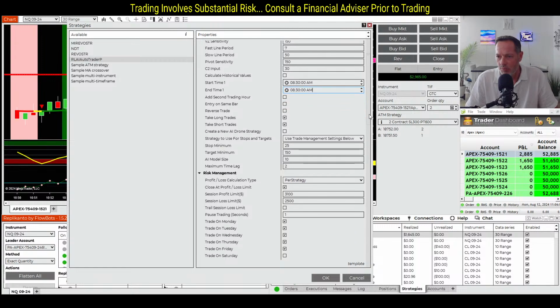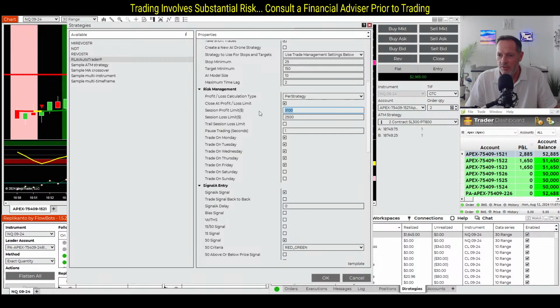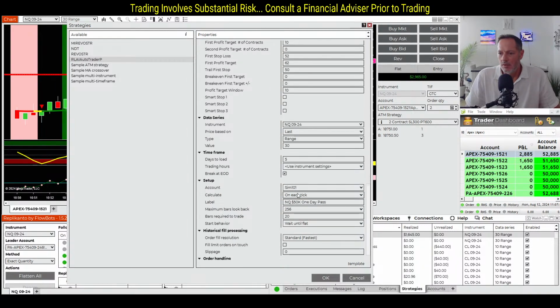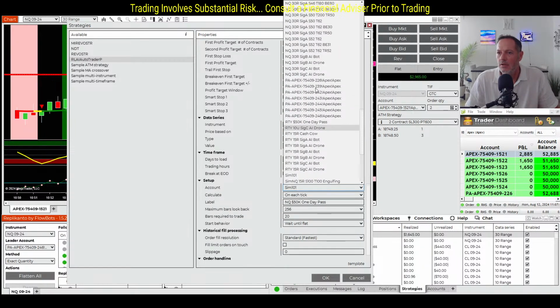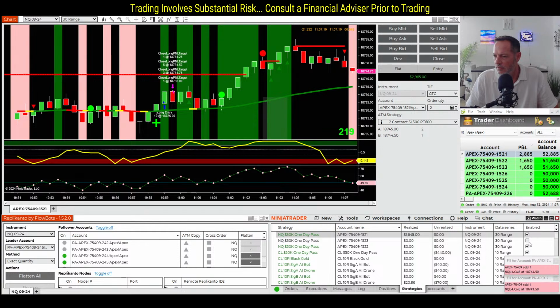But you can set it like this, and it should be able to make it through the session. So we wanted to trade this one now. We needed $1,500. We'll let that one set. And we'll get her going on number 23. So 23 is loaded now.